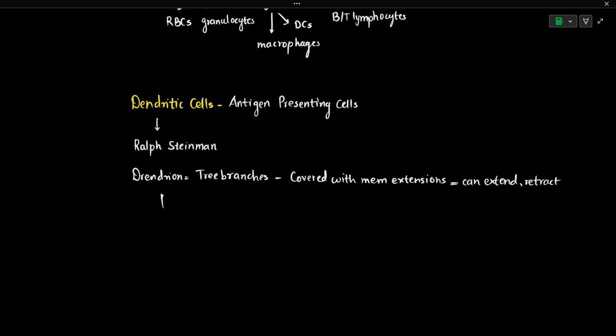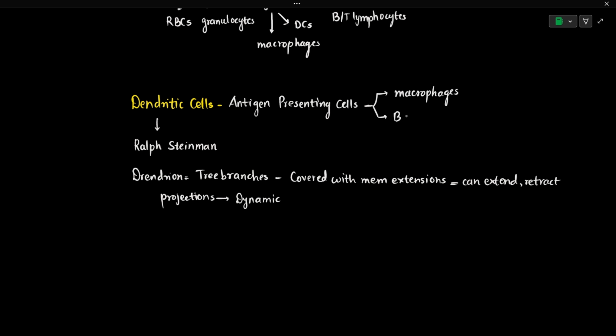So they are dynamic in nature. The projections of the dendritic cells are dynamic because they can retract and extend according to the cell's need. Those dendritic cells are antigen presenting cells. Well, we have other cells as well which do this job: macrophages and the B cells.